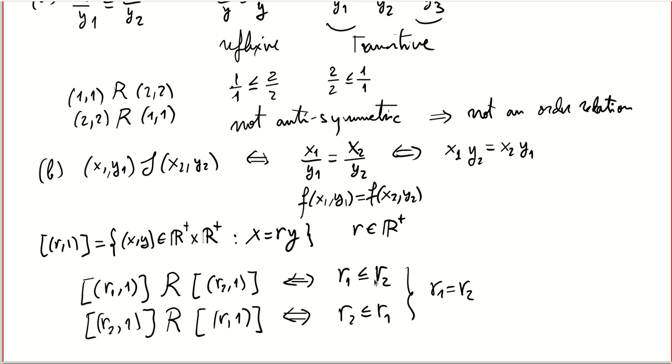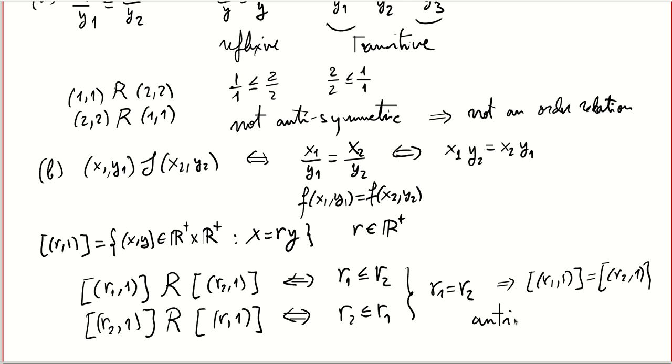If for two real numbers you have this relation and you have this one, then automatically you know that they must be the same. And if they are the same, then these two classes are the same. So (r1, 1) is equal to (r2, 1). And this is antisymmetry.